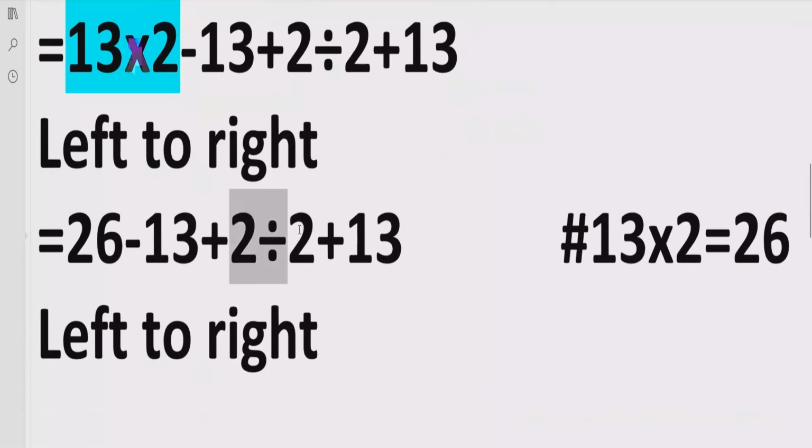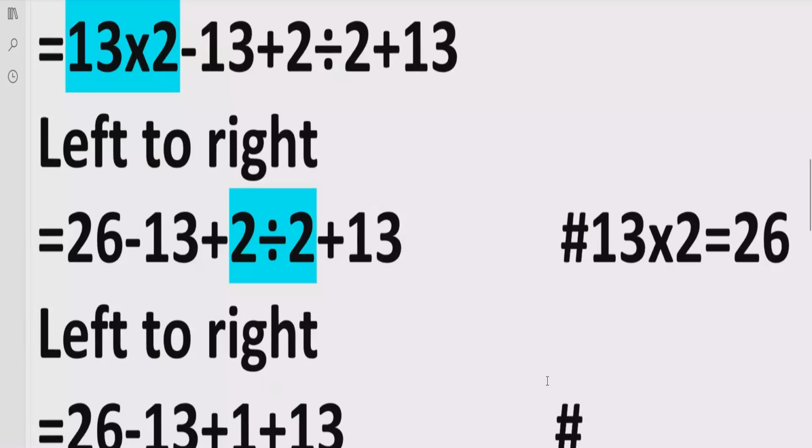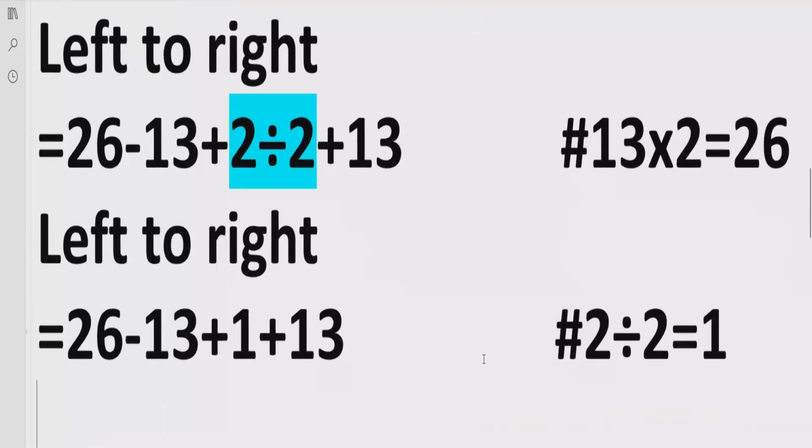Now we have the division here, so we will solve this division. So 26 minus 13 plus 2 divided by 2 equals 1, plus 13. And now we give the reference here: 2 divided by 2 equals 1.